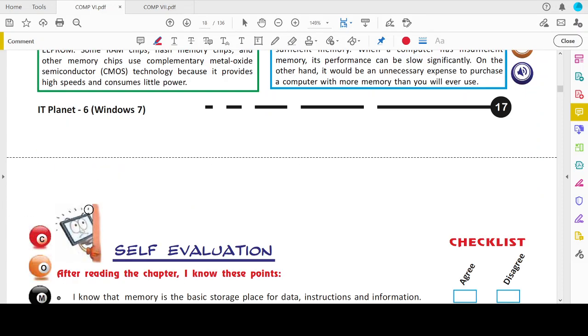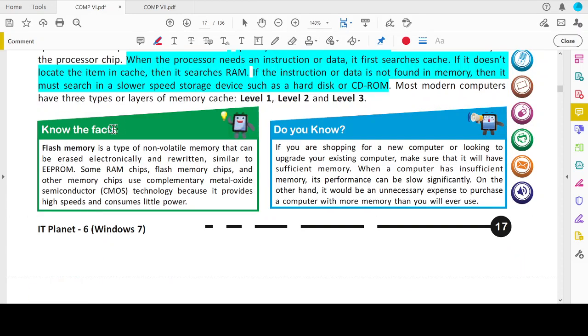Next, you see the different facts. Do you know? Flash memory is a type of non-volatile memory. Yes, a flash memory is a kind of non-volatile memory. It's not primary, it's a secondary memory, but it is permanent.